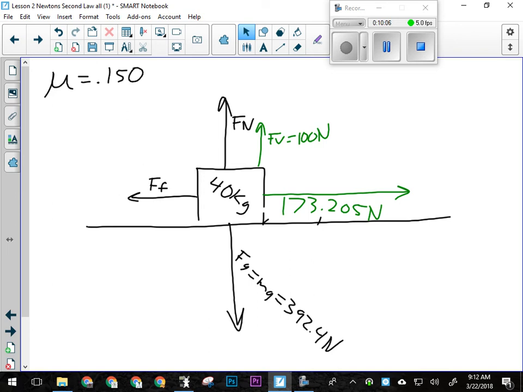The box is not accelerating in the vertical direction, so the net force vertically is 0. Does that mean I can figure out what Fn is? Yeah, it's going to be 392.4 minus 100. That way there's 392.4 going up and 392.4 going down. Everyone okay with that idea? So this is then obviously 294, or sorry, 292.4.